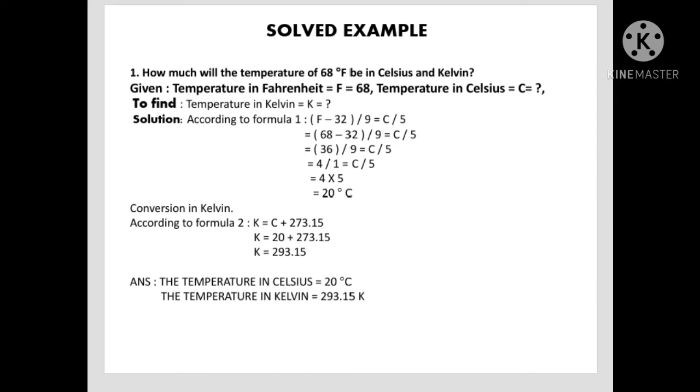The temperature in Celsius is 20 degrees Celsius and in Kelvin is 293.15 Kelvin. So students, this numerical was very easy to solve by using the formula. Hope you all have understood how to use the formula to solve the numerical.